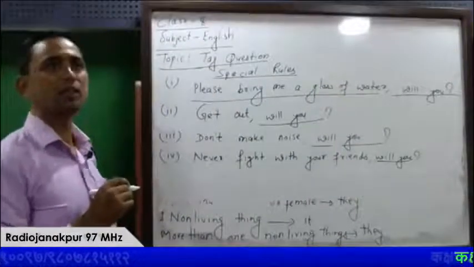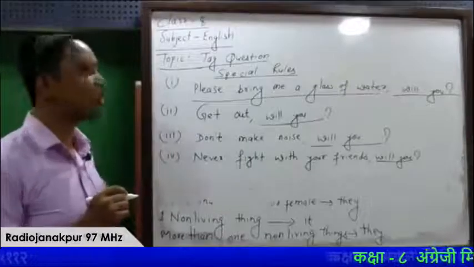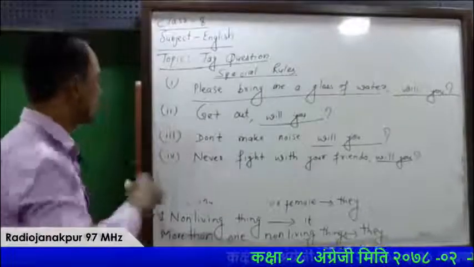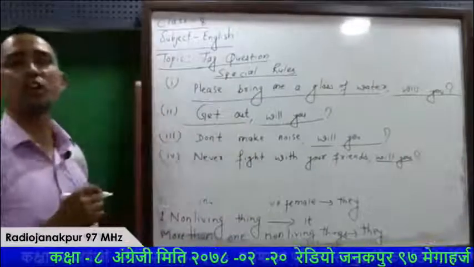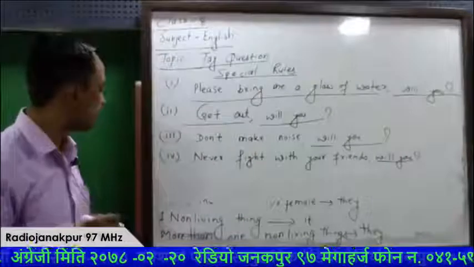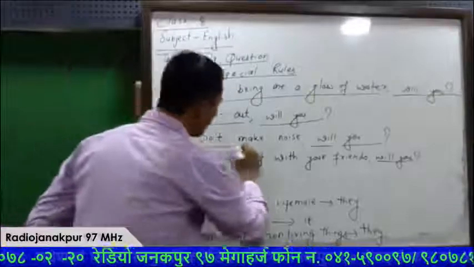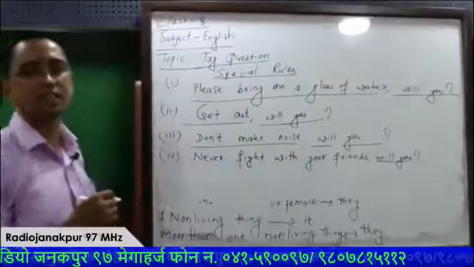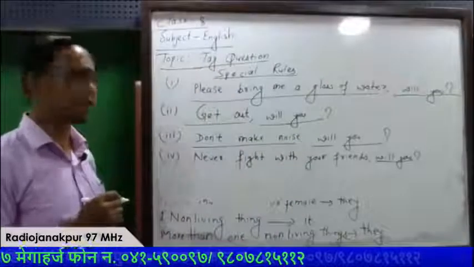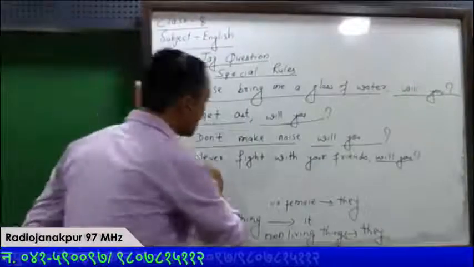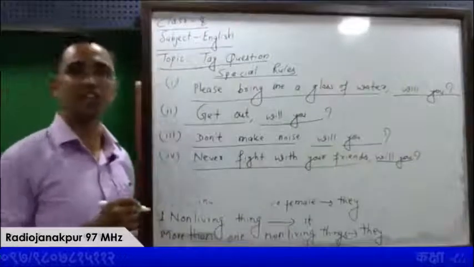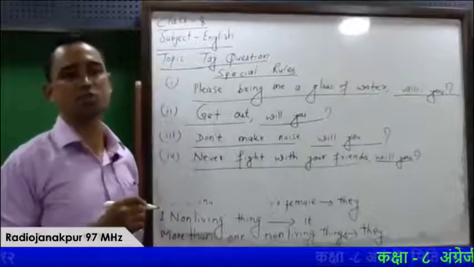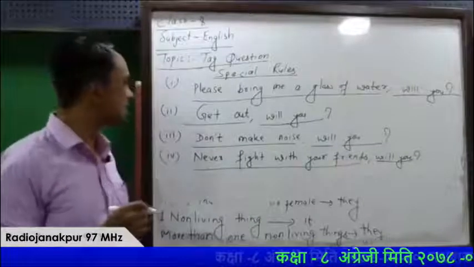In the same way, get out is a form of order. Don't make noise. This is a form of suggestion. Never fight with your friends. This gives you advice, suggestion.